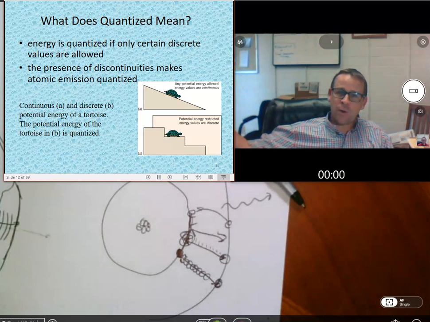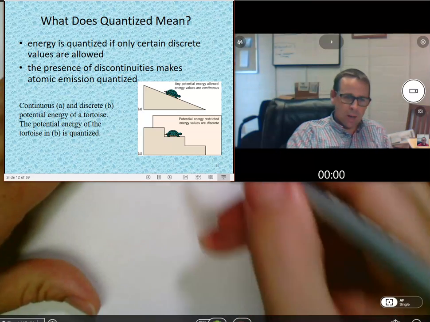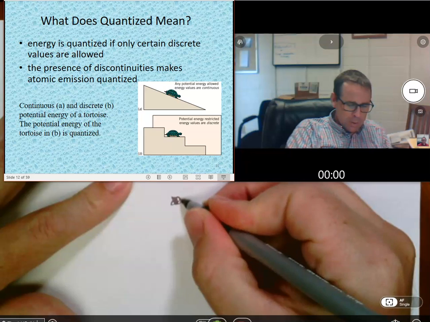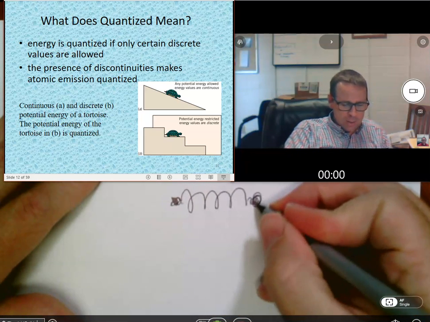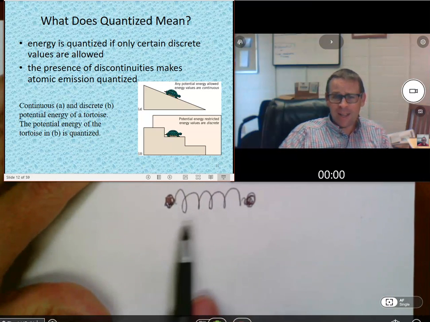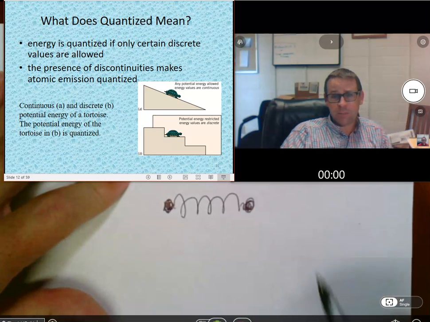As an electron gets farther and farther from the nucleus, it's kind of like the analogy of the bonds, right? If I have a bond that exists between these two nuclei, and we draw it as a spring, if that bond is high in energy, then the distance is relatively large and it's easy to break.